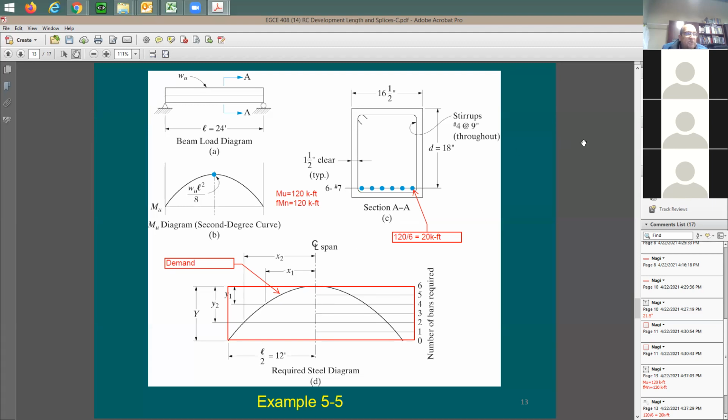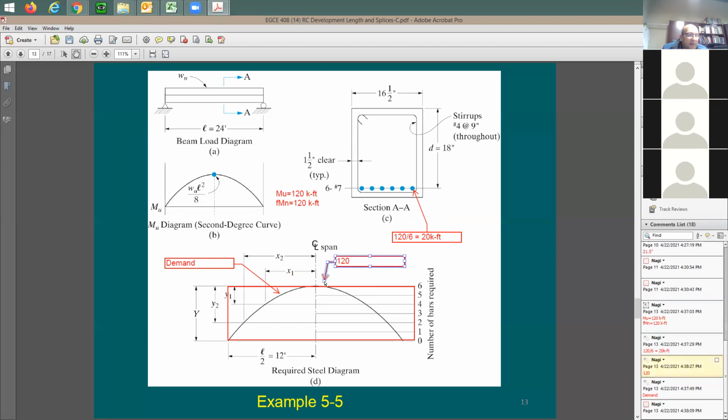It's going to be 120 kip-feet. This height from here to here is going to be 120, which means each one of these segments is going to be 20: 20, 40, 60, 80, 100, 120. You guys agree? Make sense or no? Not very clear.